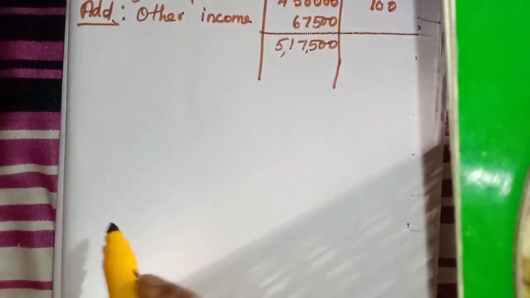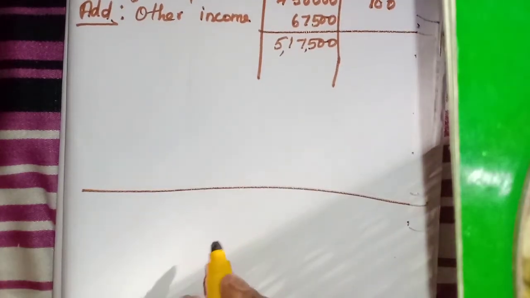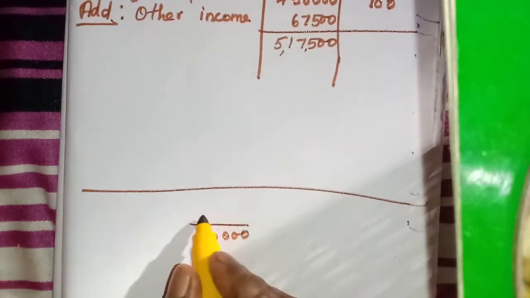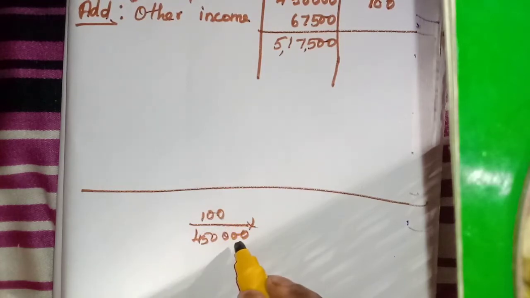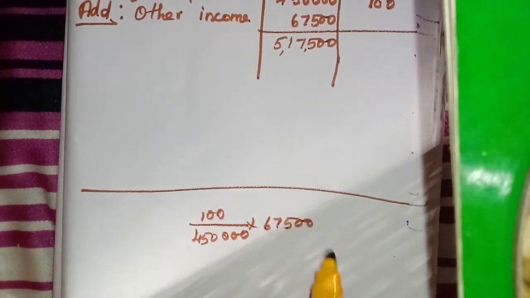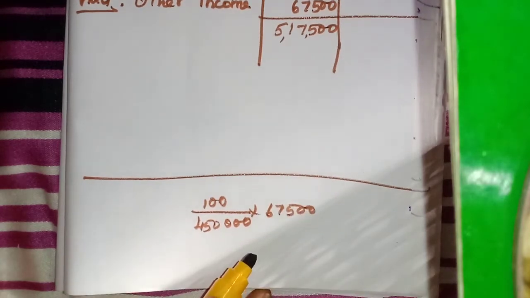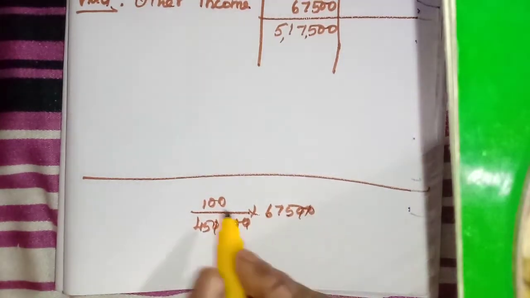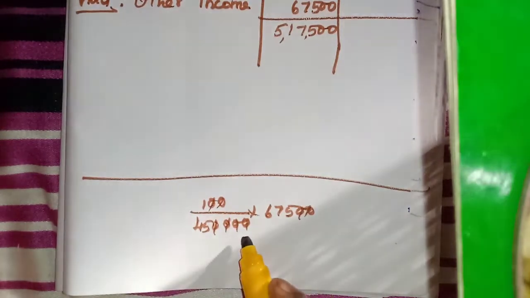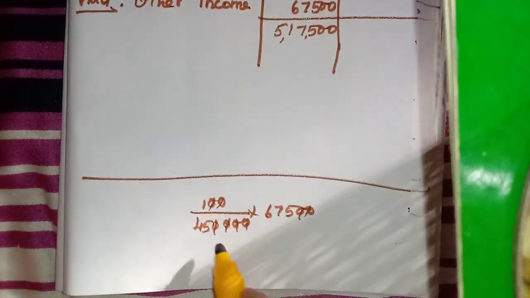Now we need to calculate. For 4,50,000 it is 100. Then if it is 100 for 4,50,000, then for 67,500 how much is the percentage we need to calculate. 675 over 4500, the 5 we can cut.